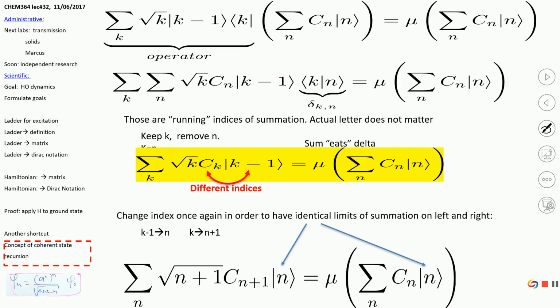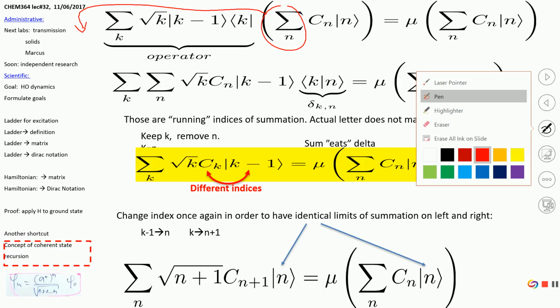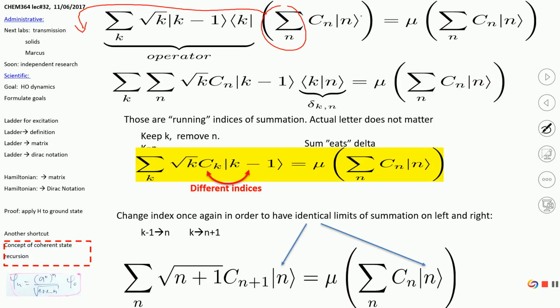The summation can be moved to the front, and then we observe that bra and ket meet each other, right?